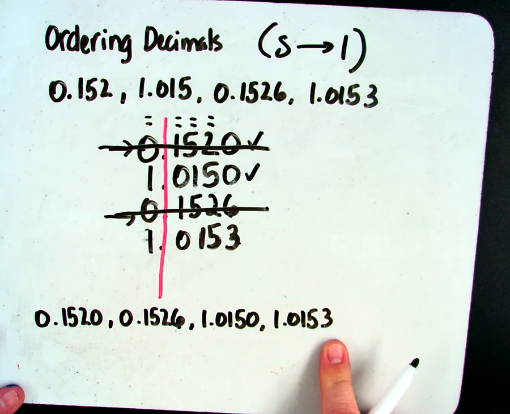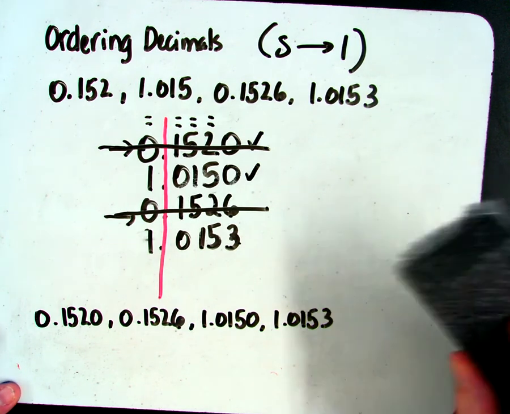Now I'm going to give you 4 decimals that I'd like you to order in a smallest to largest pattern.